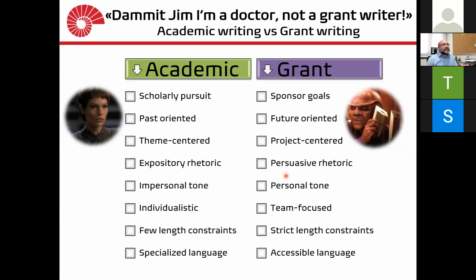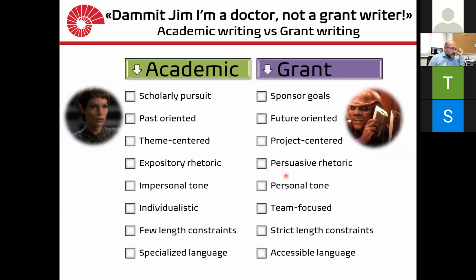You are selling some point, some proposal to the reader, because the reader is going to evaluate whether you deserve funding or not according to the scheme's programs, strategic goals. There is a difference there.